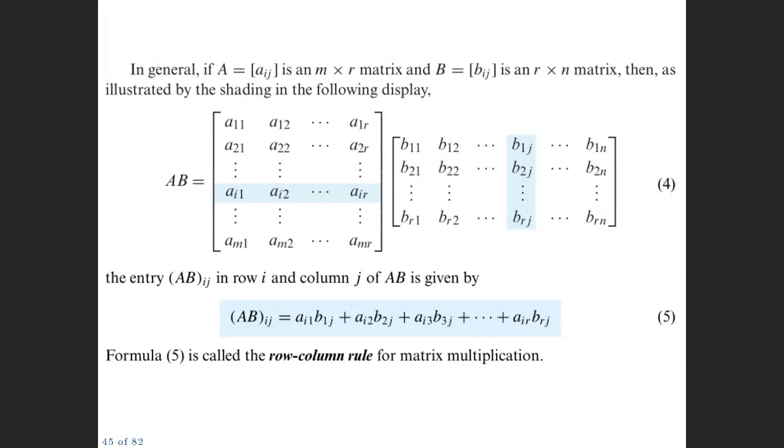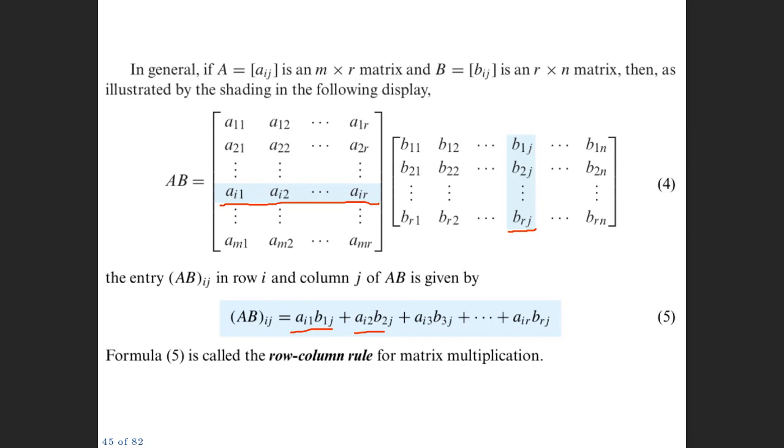Now, one more slide before I take a break. In general, if we have an M by R matrix and an R by N matrix, then to calculate the entry in row I and column J, we need row I of matrix A, and we need column J of matrix B. And then the formula is, we multiply the first two together, so it's A_I1 B_1J, and then we do plus A_I2 B_2J, and so on.